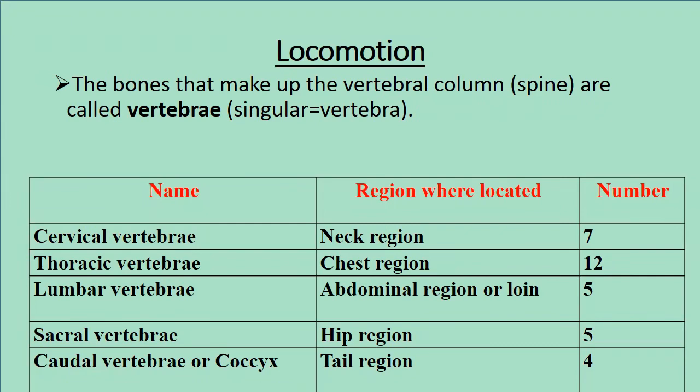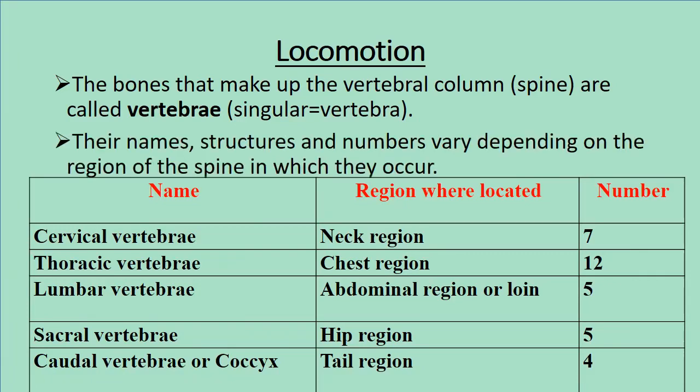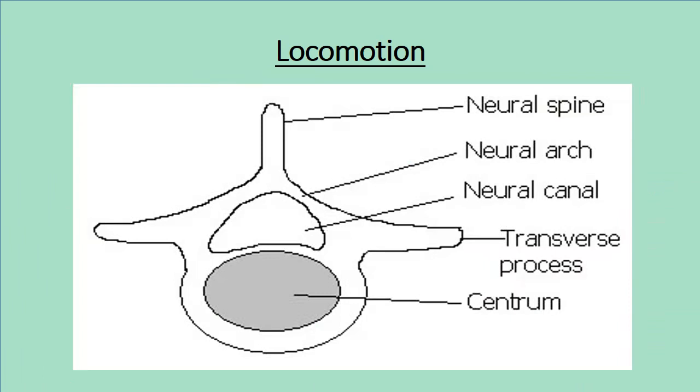They'll ask you what type is it, or which region is it found. So you have to know cervical is neck, thoracic is chest, lumbar is abdominal region or loin, sacral vertebra is hip, then coccyx is tail. Their structures and numbers vary depending on the region of the spine in which they occur, which I think I've already mentioned.